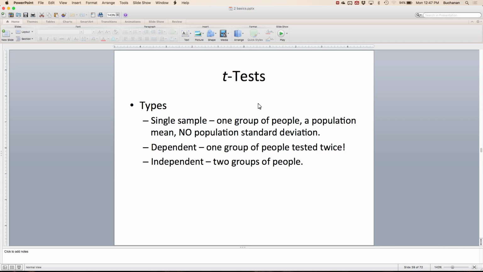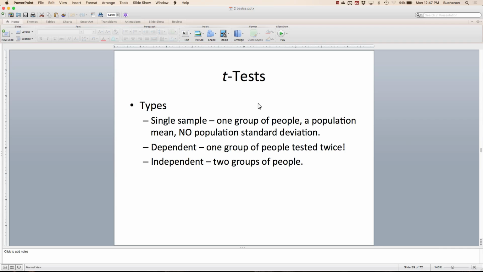So in a single sample t, the independent variable really is this group of people versus the population. So you have to have some sort of population or control group or somebody to compare them to.